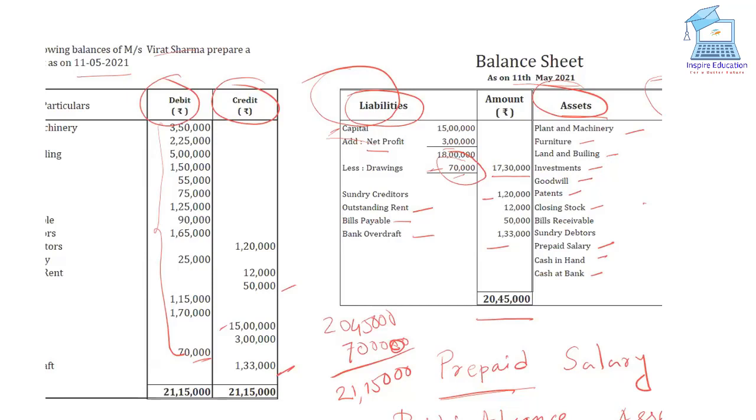In general, all the debit side items are in the asset side, and all the credit side items are on the liability side. This is not the account. This is the balance sheet. Okay.